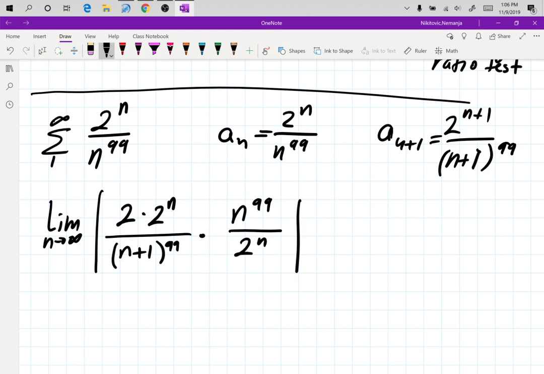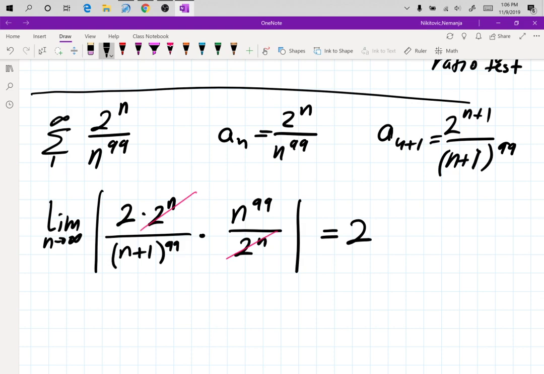And what you have is that these guys cancel, and you have the limit to be what? 2. I'm sorry, what? Limit is 2. Or you just cancel it as infinity over infinity.